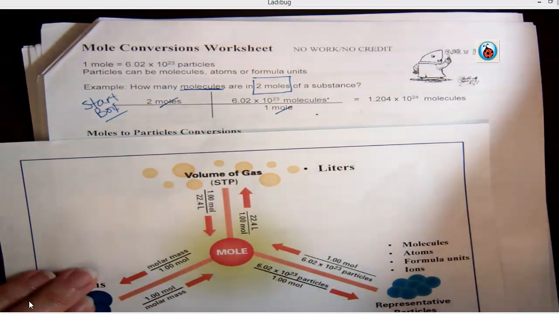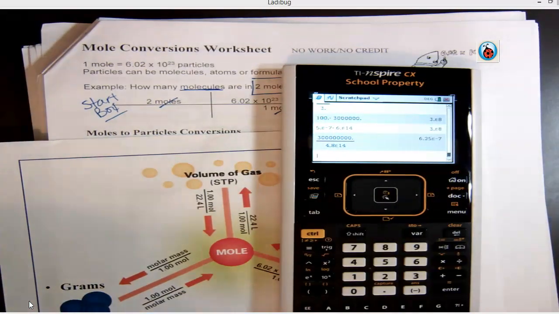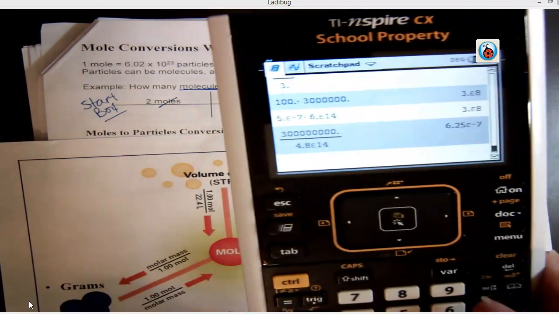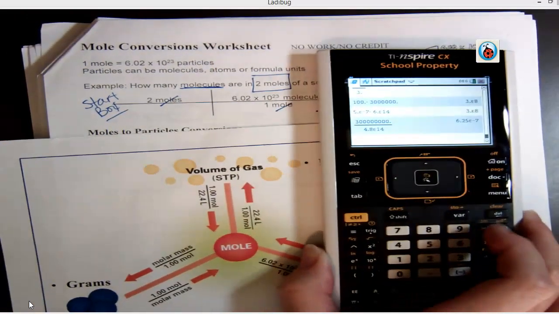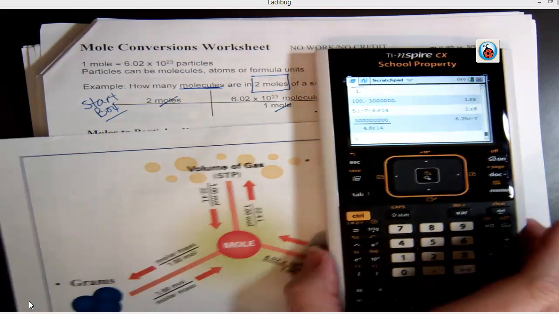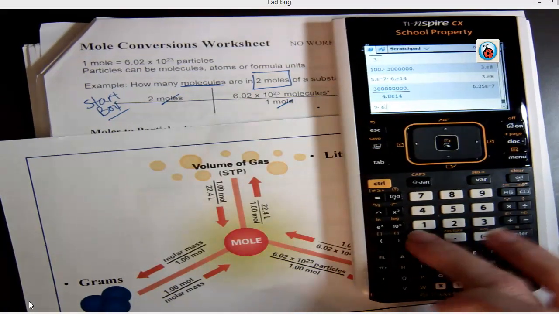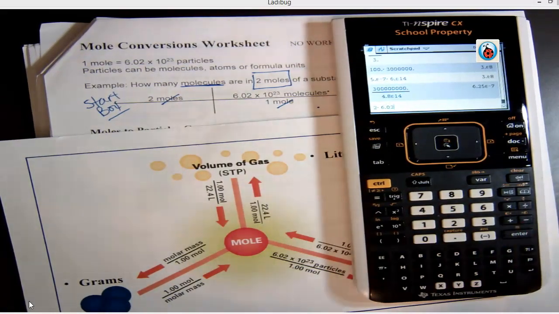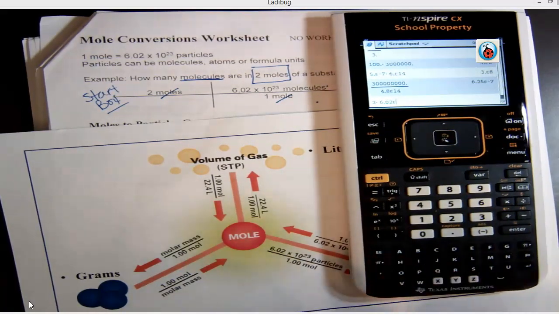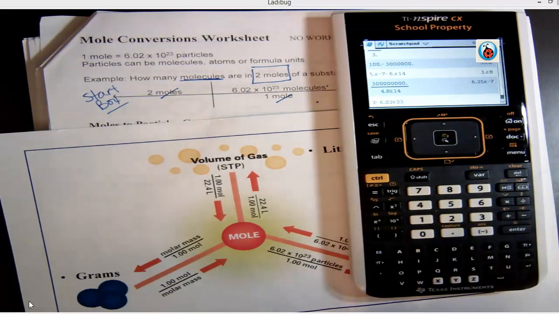So when you go to put this in the calculator, and you'll remember this from first semester. Can you see my calculator? You can kind of see it there. Okay, so what am I going to do? I'm going to put in 2 times 6.02, and remember, what are we going to use? The EE button. Enter your exponent. That's what that means. What's my exponent? 23.